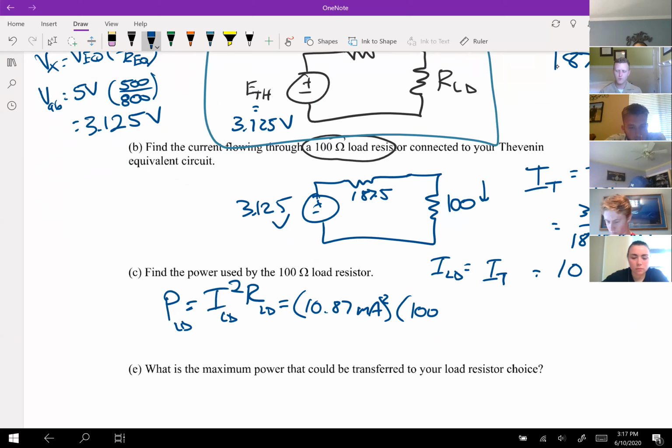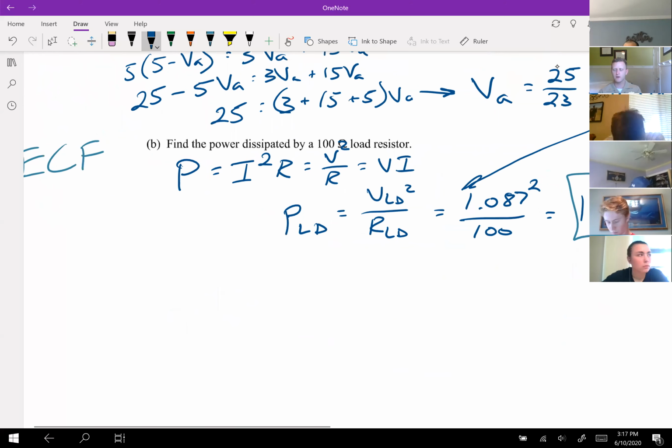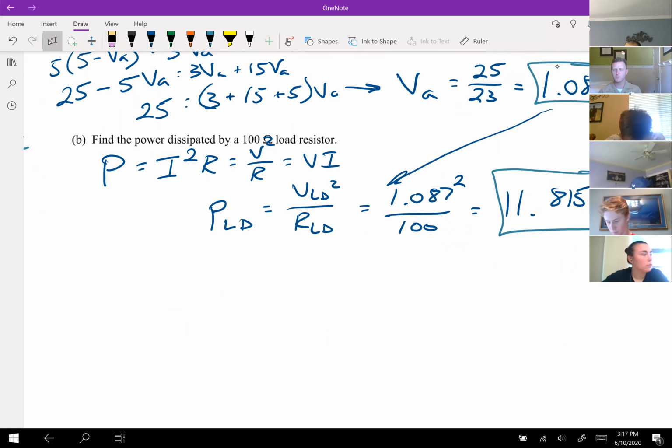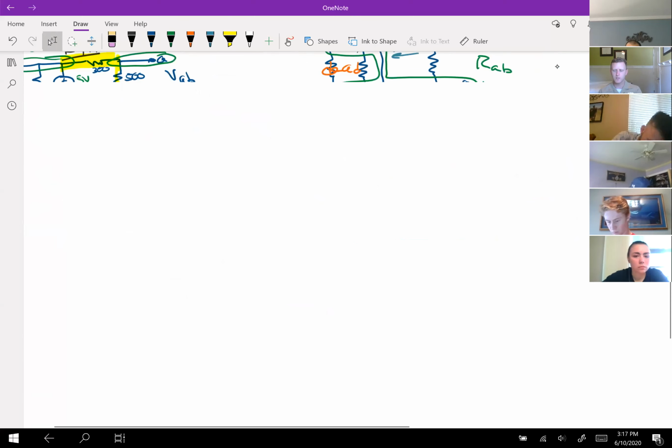Those are all the ones that get plugged in together, and I get 11.815 milliwatts, which makes sense because it was the same circuit. If I had a 100 ohm resistor, I also had 11.85 milliwatts whenever I was looking at it with Nodal. It's the same circuit. If I plug in 100 ohms, I'll get the same solution.